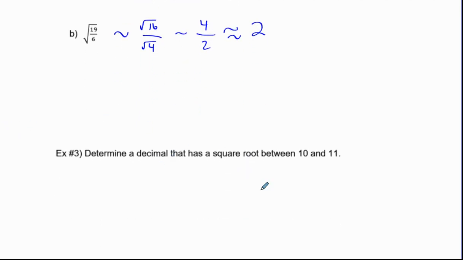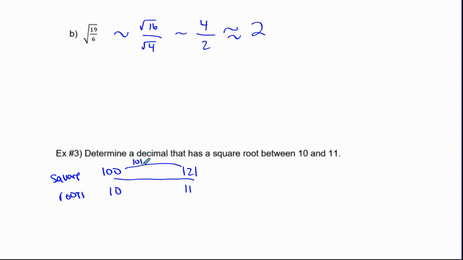Last example, determine a decimal that has a square root between 10 and 11. Okay, so if 10 and 11 are my roots, the square of 10 is 100, so kind of going the opposite way. The square of 11 is 121. So a number which has a square root between 10 and 11 will be any number in between 100 and 121.